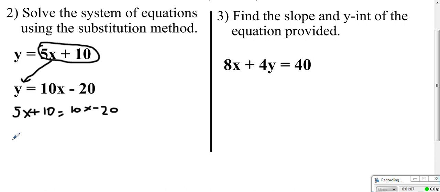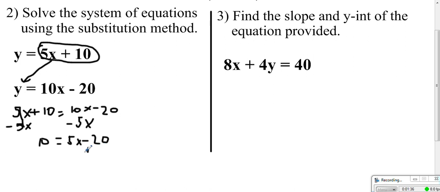As always, remember when you are solving, you go ahead and get the smaller x over to the larger using inverse operations. The 5x's cancel, 10 comes down, equals, and then 10x minus 5x is 5x minus 20.